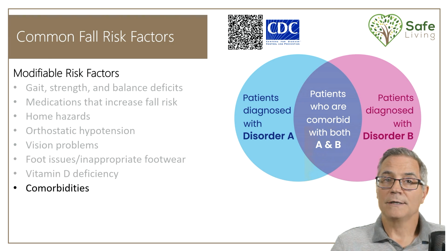So this is what the CDC says are modifiable risk factors, things that we can do to prevent fall risks. Things that you can't prevent are your age, and if you've already fallen once before, your risk of falling again is significantly higher. Those are two things that are not modifiable at all.